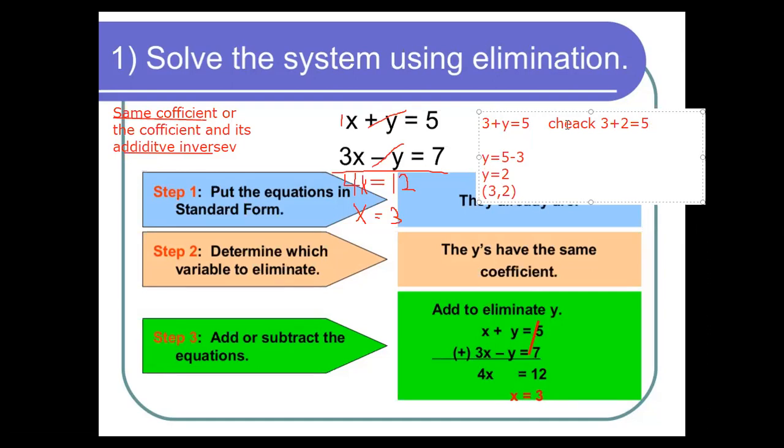Second equation: 3 times x minus y. The value of y was 2, right? So we have 3 times 3 equals 9, minus 2 equals 7.